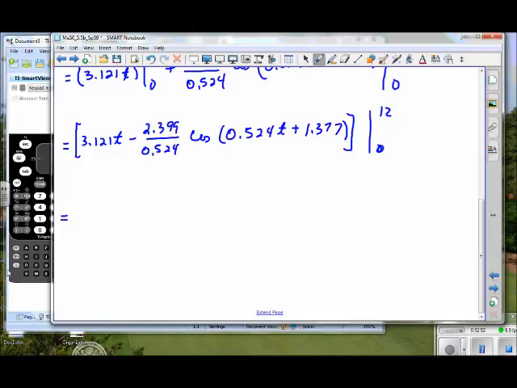So I think you know the rule by now, the statement we have to do here. We're going to put 12 in here, and we're going to put 0 in here.